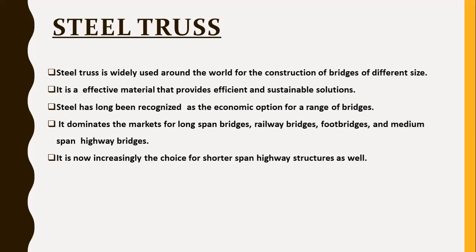It is an effective material that provides efficient and sustainable solutions. Steel has long been recognized as an economical option for a range of bridges. It dominates the markets for long span bridges, railway bridges, footbridges, and medium span highway bridges, and it is now increasingly the choice for shorter span highway structures as well.